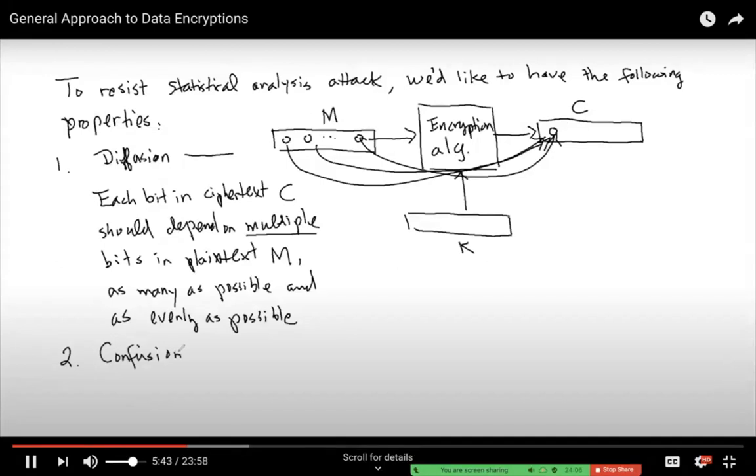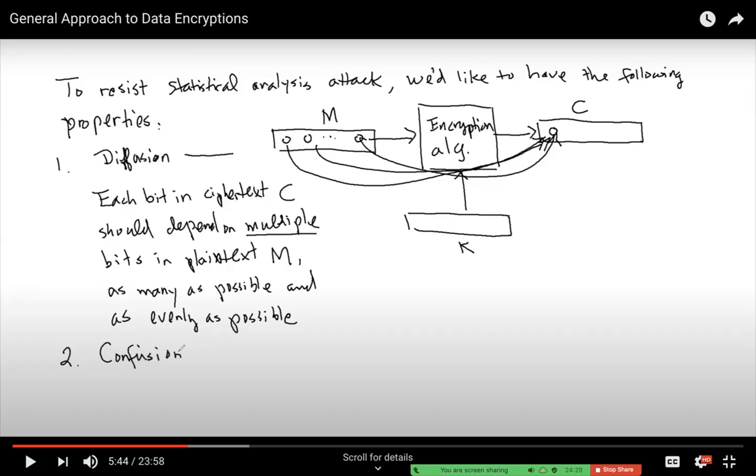Professor? Yes. So as many as possible and evenly as possible, I don't quite understand that part. You have an algorithm that generates a ciphertext.